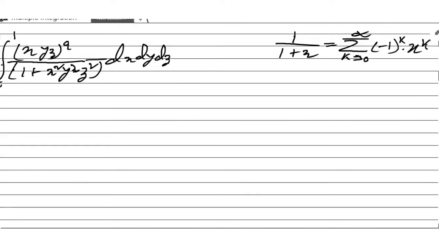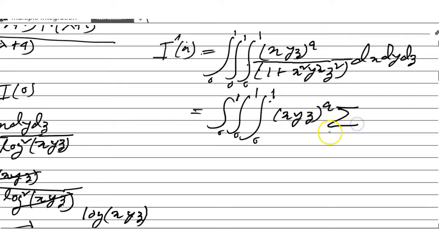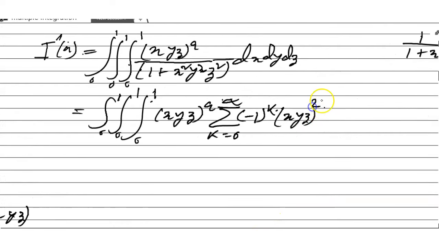So I just apply this formula and write in here 0 to 1, 0 to 1, and 0 to 1, minus 1 to the power k, (xyz) whole to the power a, summation k equals 0 to infinity, minus 1 to the power k, (xyz) whole to the power 2k into dx into dy into dz.